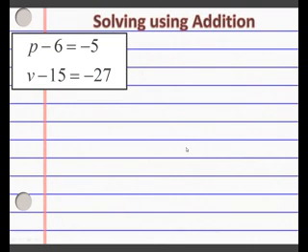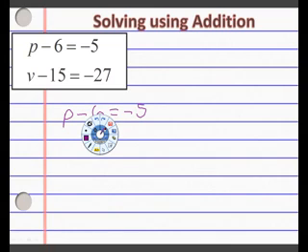Now our next set of practice problems involve subtraction. So we begin with p minus 6 equals negative 5. And again, when I'm working these types of problems, I'm not thinking addition, subtraction, I'm thinking opposites. So I look at minus 6 and I think opposite.